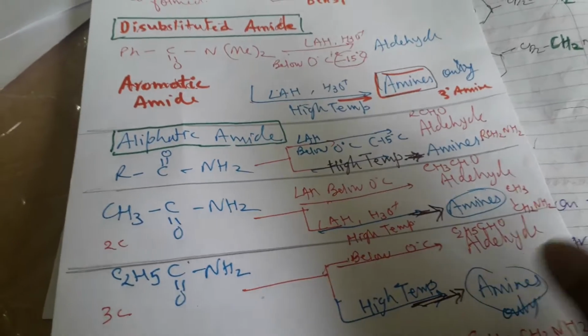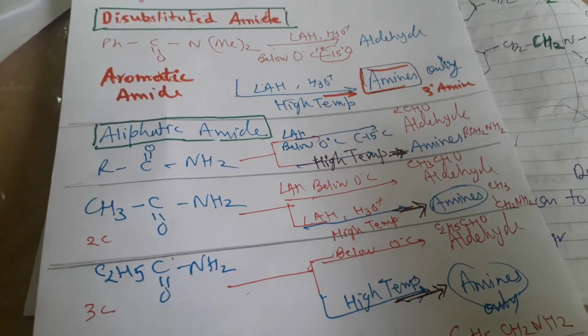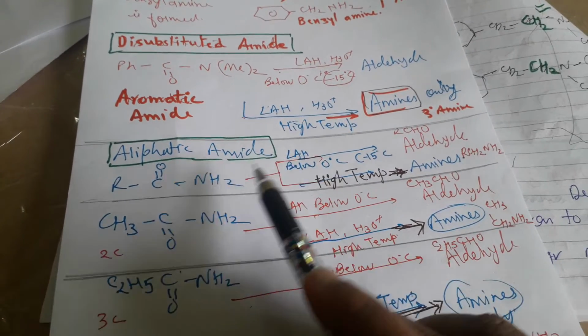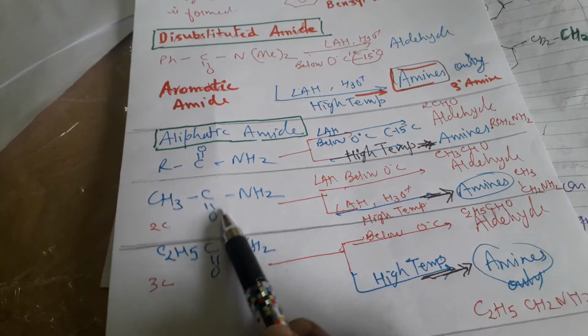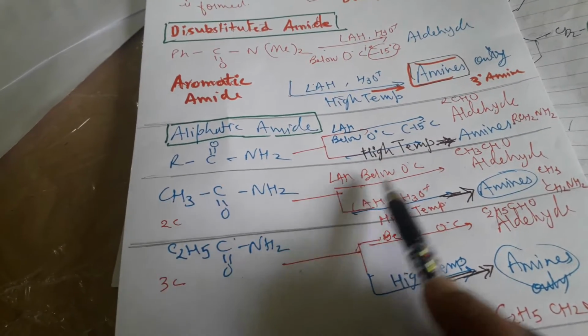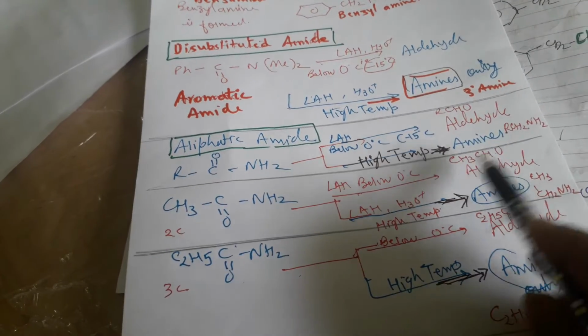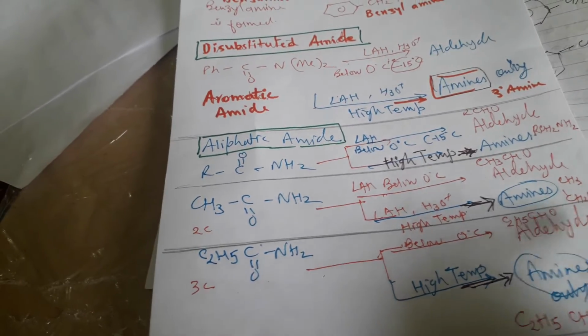You have to search many books, then you'll get these types of questions. Okay, for an aliphatic amide, at low temperature you will always get aldehyde. See here, CH3CONH2 I took, LiAlH4, 0 degree C, aldehyde. 2 carbon amide, 2 carbon aldehyde. 3 carbon amide, you will get 3 carbon aldehyde.